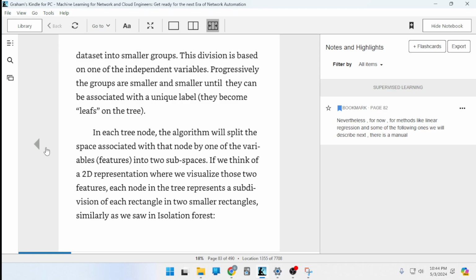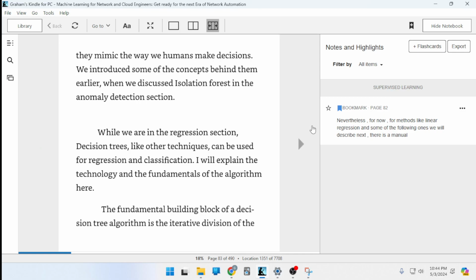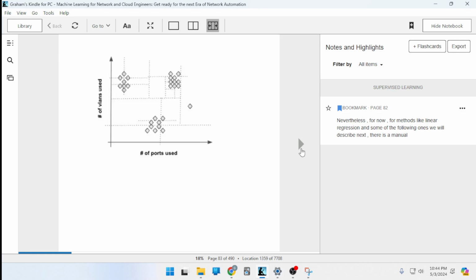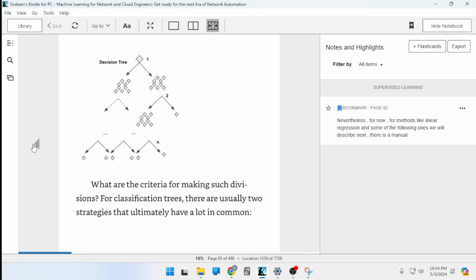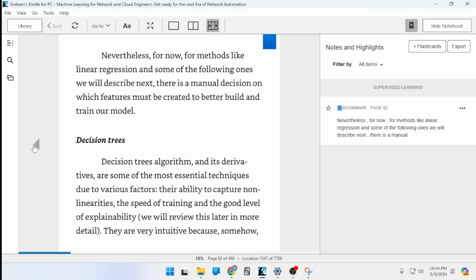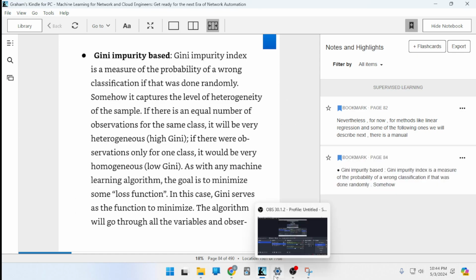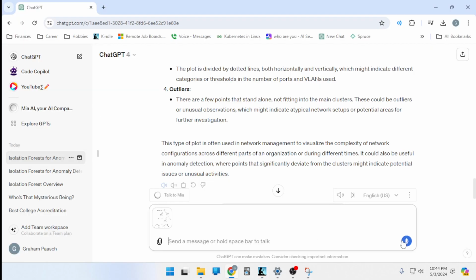Okay, so the context is anomaly detection, I believe. Yeah, so the context is decision trees. The context is machine learning for cloud and network engineers.